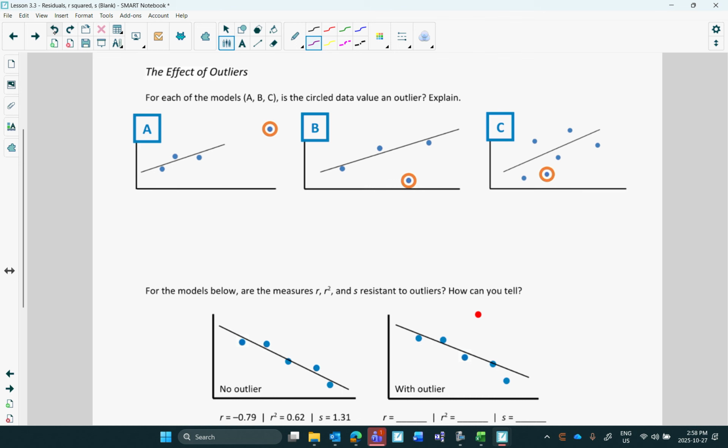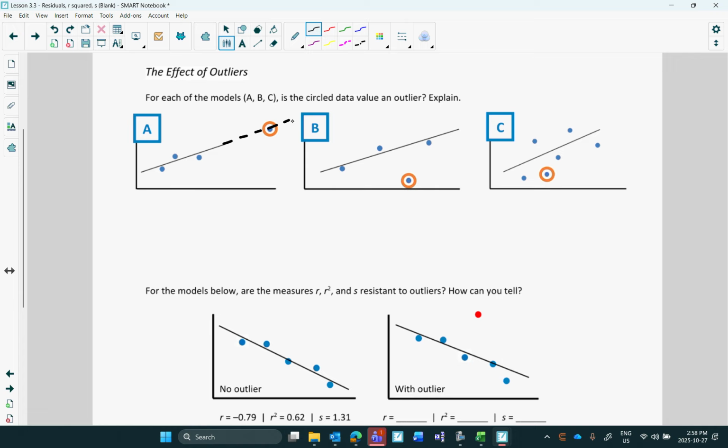C is not an outlier? A? Who said A? Why? Because if you extended the line, this point would be pretty much right on. Okay?